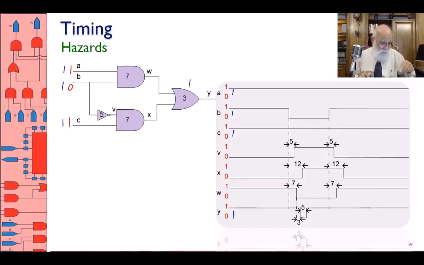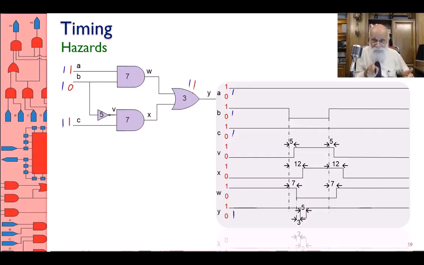If B is 1, it's selecting A, which is a 1, to the output. And if B is 0, it's selecting C, which is also a 1. Therefore, logically, Y is 1. So I shouldn't worry about anything, right? B changes from 1 to 0, and my output is 1. If B changes back to 1, my output is still a 1.